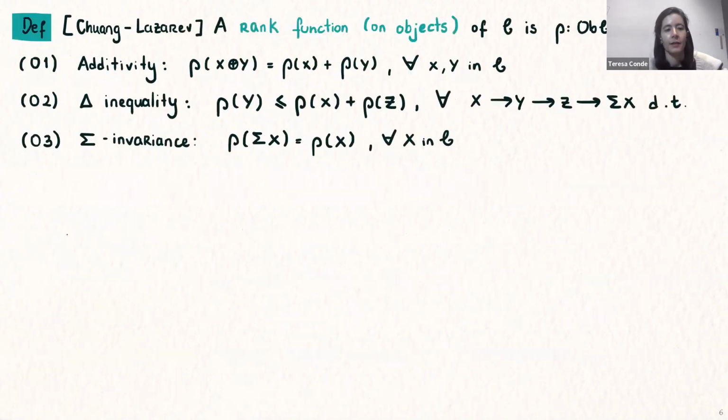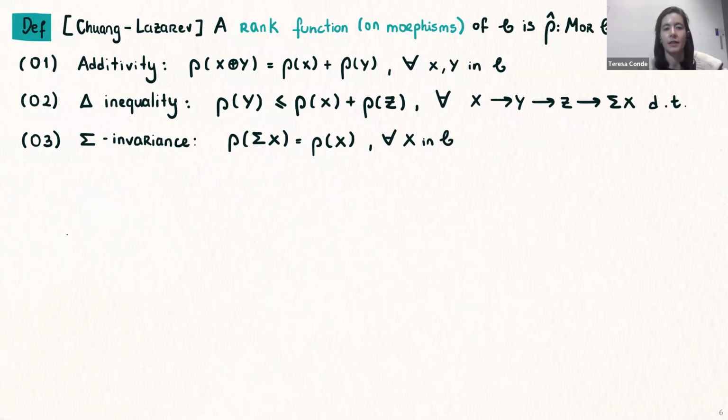Okay. Now there's another definition of a rank function, an alternative one, which deals with morphisms instead of objects. So it's now a function on morphisms of the triangulated category, and it is equivalent to the previous one. Let me just say how it looks.